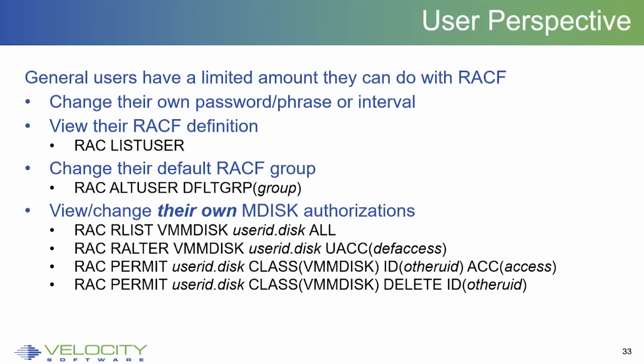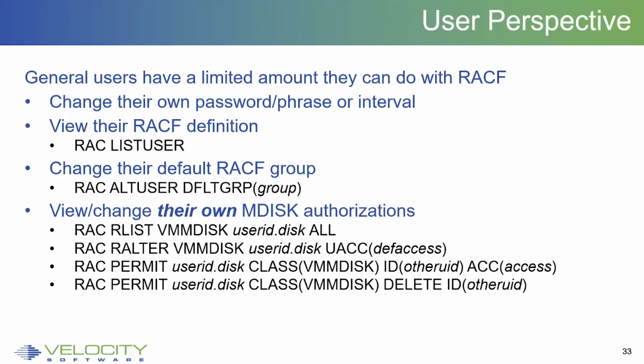They can look at what RACF has defined for their user ID. They can just do a list user command in RACF, and it will show them exactly how they are set up. They can change their default RACF group, if they choose to. If they have more than one RACF group assigned, they can run the alt user command and change their default group if they choose to. They can also view and change their own minidisk authorizations if they own that resource.